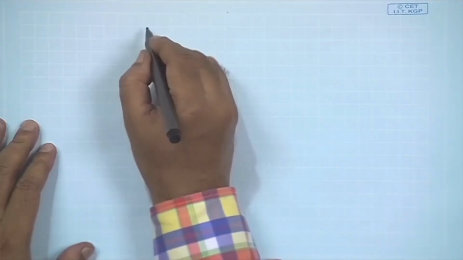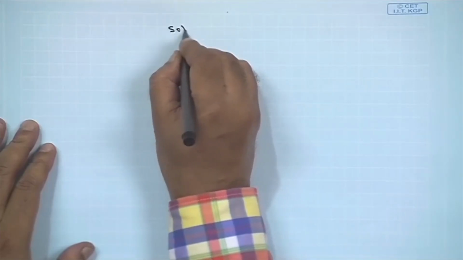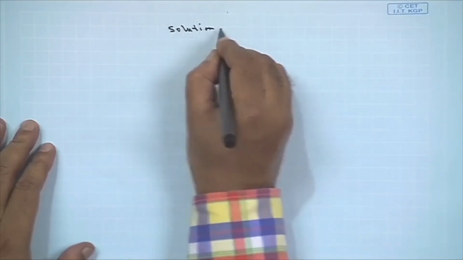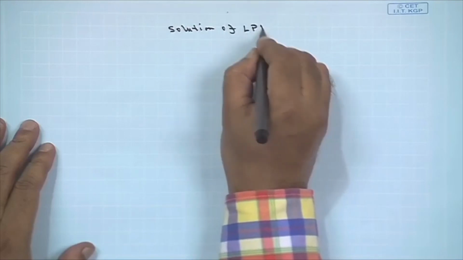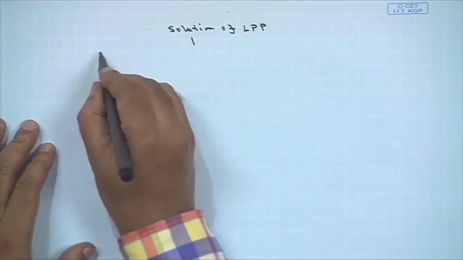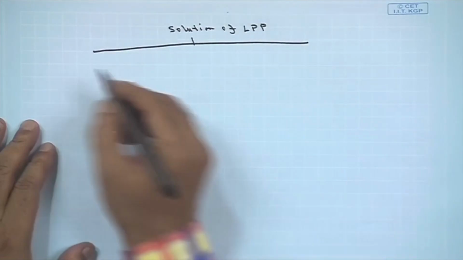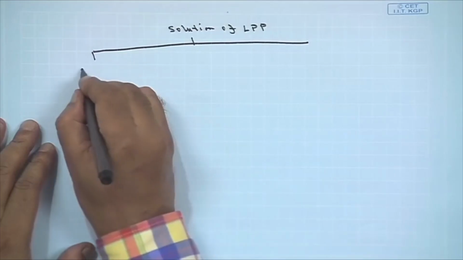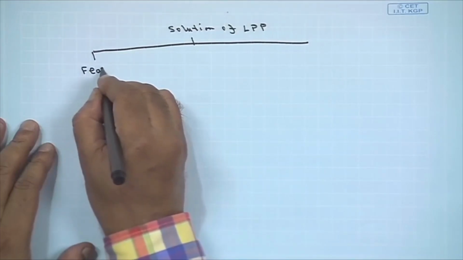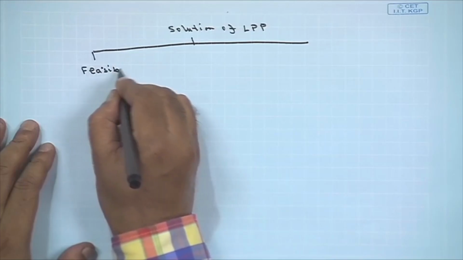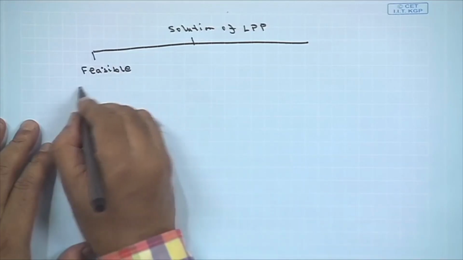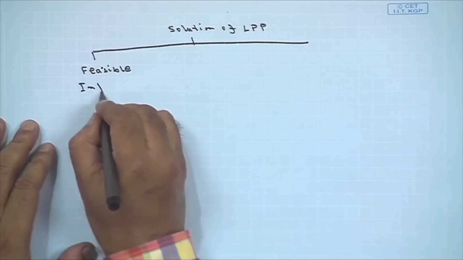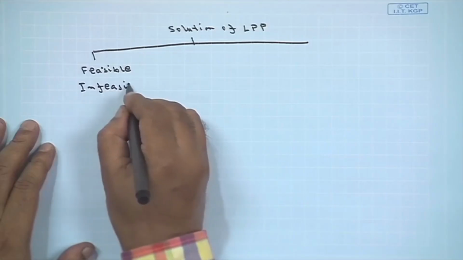Various kinds of solutions you can obtain. The solutions can be classified as follows. The solution of LPP can be feasible, or it can be infeasible.